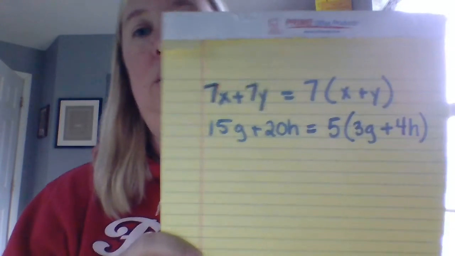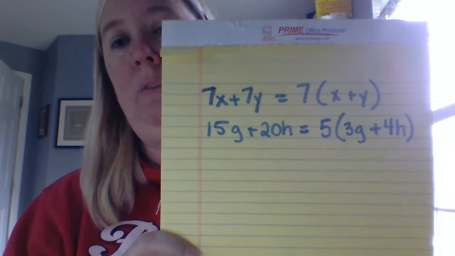So 5 is my common factor. So 5 would go outside of the parentheses. And then I know 5 times 3 is 15, so that would go with g. And 5 times 4 is 20, so that would go with h. And that is the equivalent expression that I've come up with.